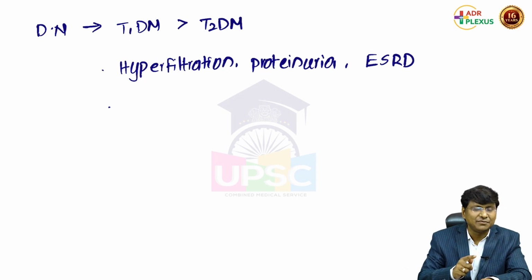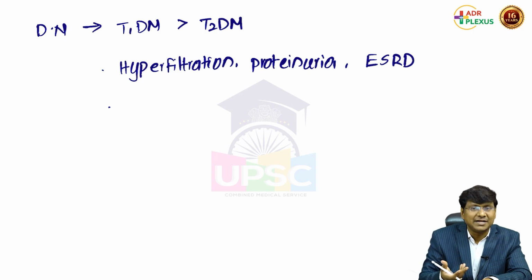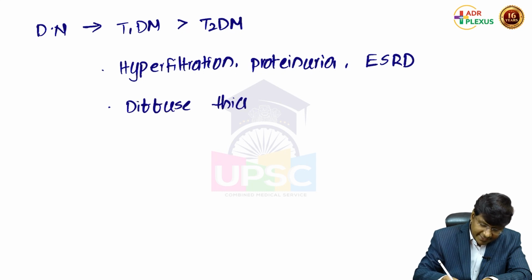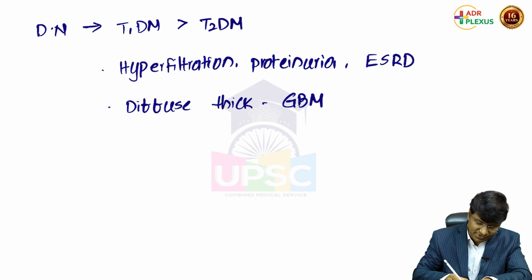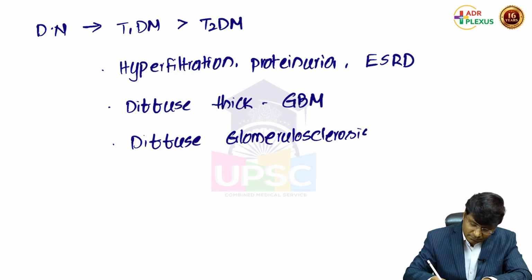Now, in diabetic nephropathy, what is the pathological change which will be seen in early stages? The pathological change that you will observe is diffuse thickening of the glomerular basement membrane. The glomerular lesions that you will observe in diabetic nephropathy are diffuse glomerulosclerosis and nodular glomerulosclerosis.